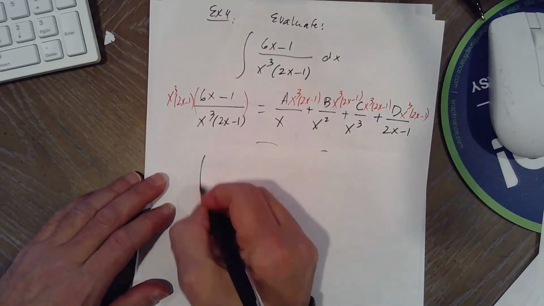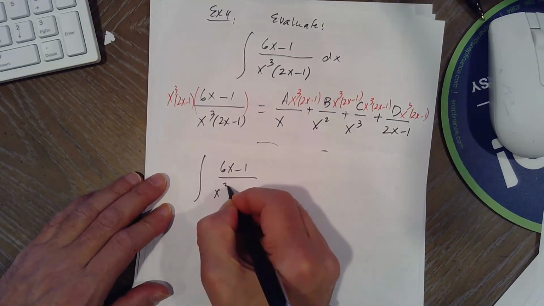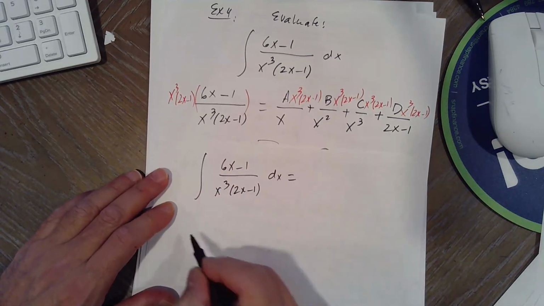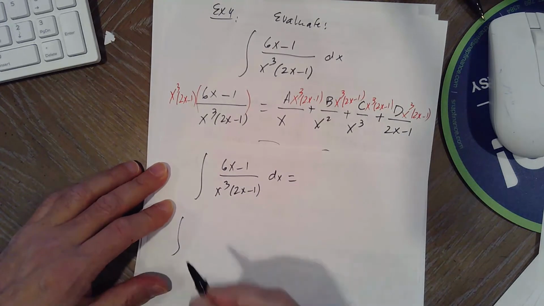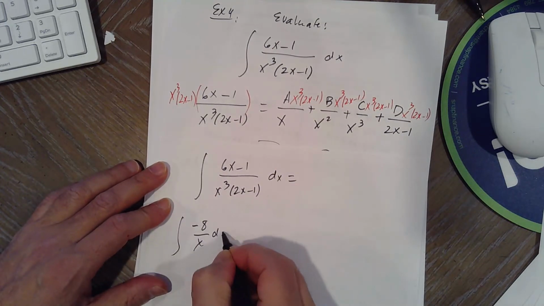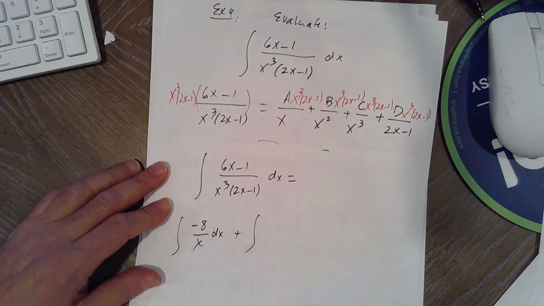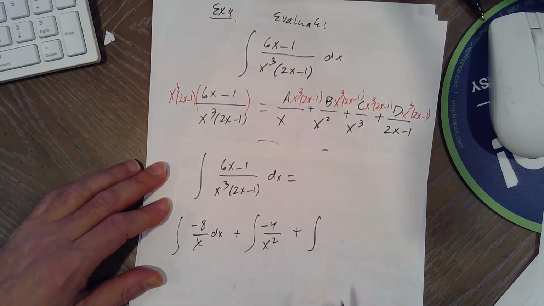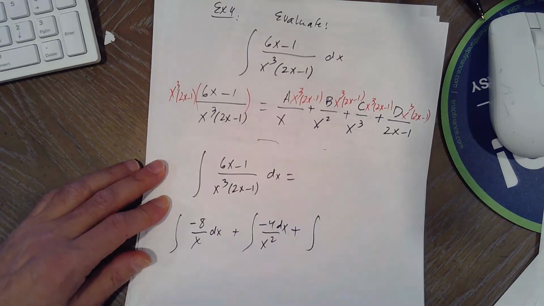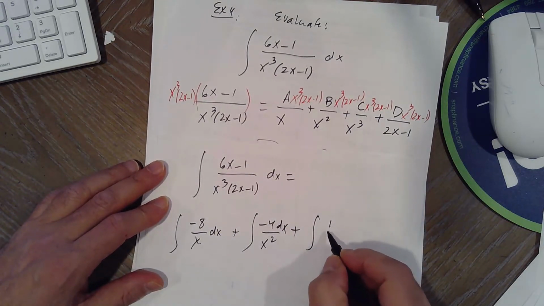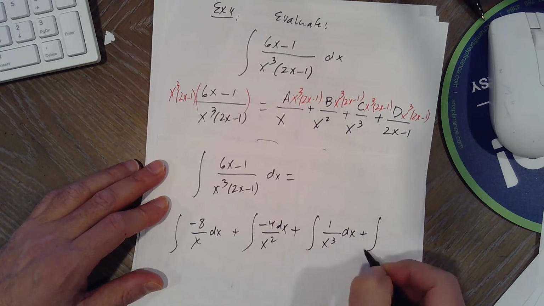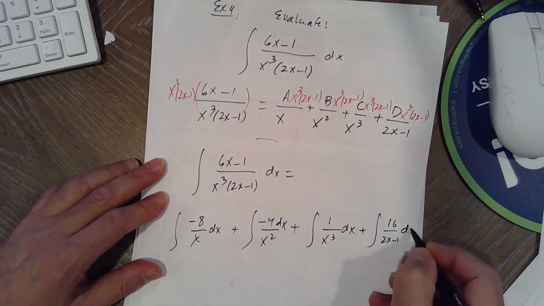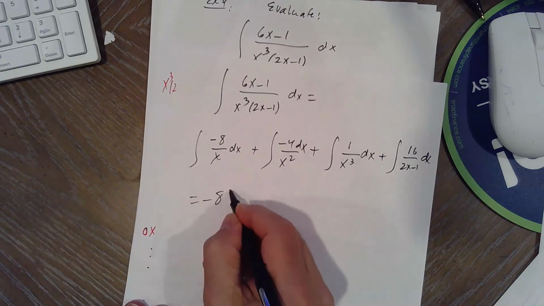So the integral of 6x minus 1 over x cubed times 2x minus 1 dx is the integral of a, which is negative 8 over x, plus b, which is negative 4 over x squared, plus c, which is 1 over x cubed dx, plus d, which is 16 over 2x minus 1 dx, which is now easy to integrate.